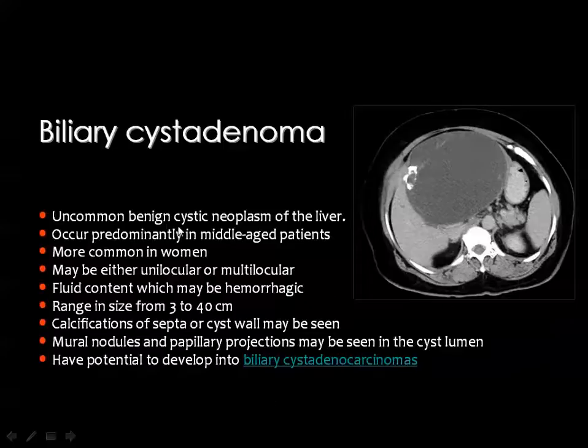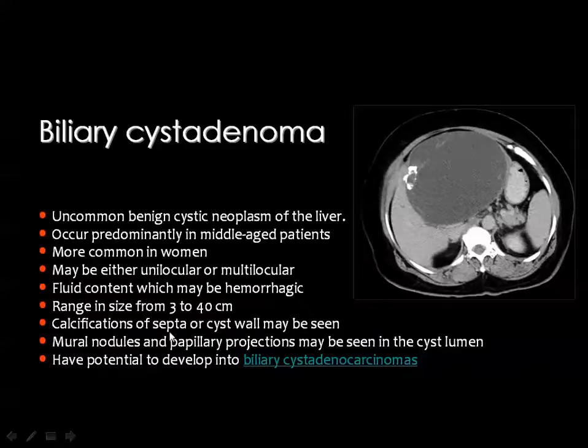It's an uncommon benign cystic neoplasm of the liver and occurs predominantly in middle-aged patients, more common in women, and may be unilocular or multilocular. The fluid of the cyst may simulate water or may be hemorrhagic. The cyst is usually large, ranging from 3 to 40 centimeters in diameter.